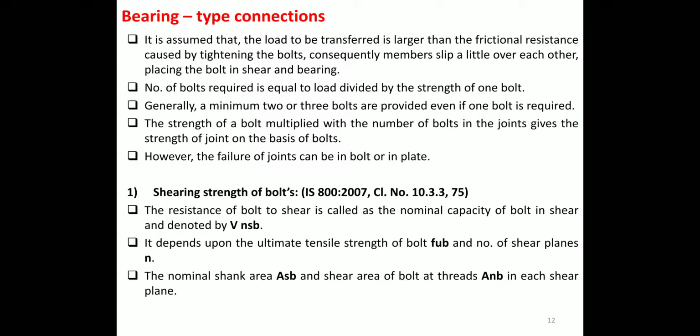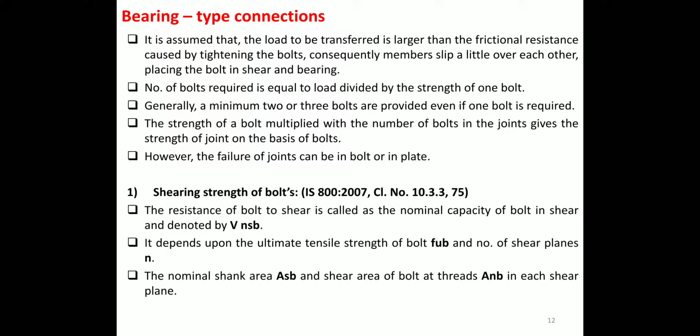Then coming to the next point, bearing type of connection. Under this, it is assumed that the load to be transferred is larger than the frictional resistance caused by tightening the bolt. Consequently, members slip a little over each other, placing the bolt in shear and bearing.